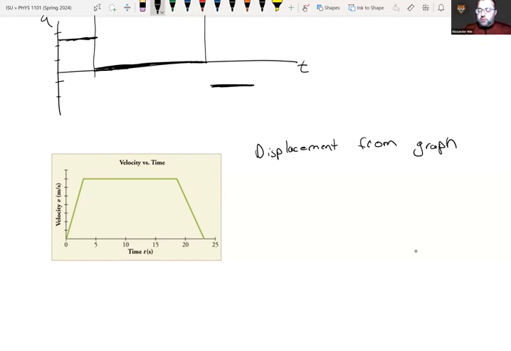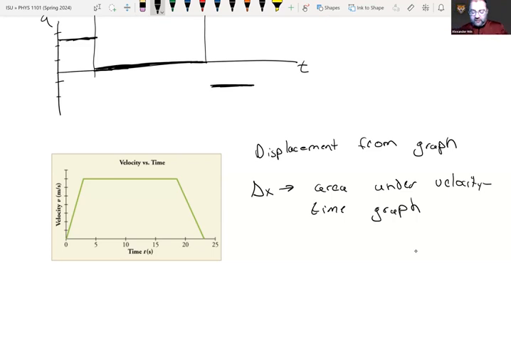All right, now as a reminder, delta x is just the area under the velocity time graph.